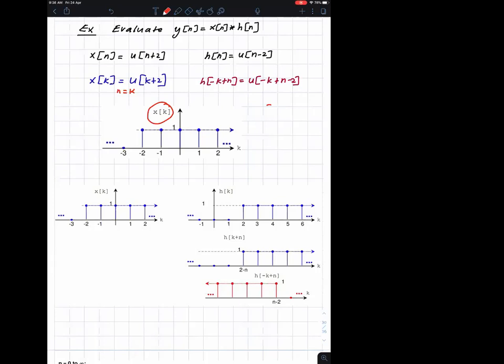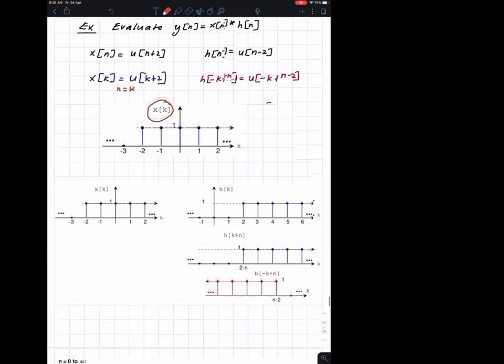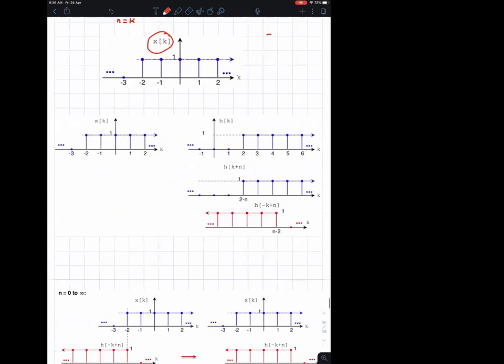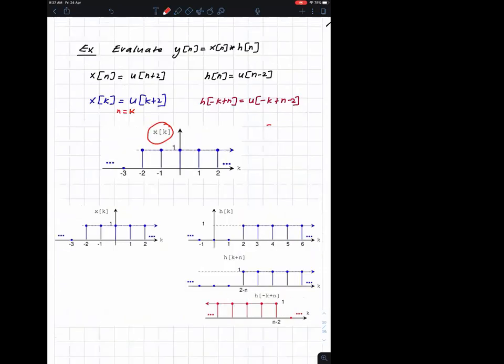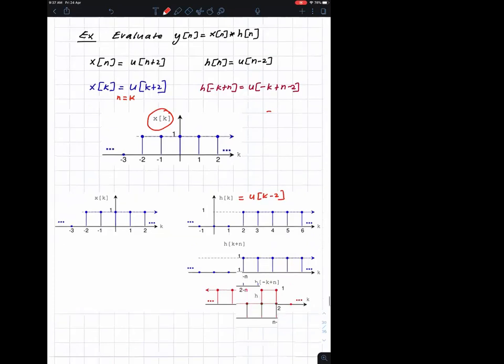Okay, and then you look at h of k, and then they show you step by step how to do it. h of k is u[k minus 2]. Okay, you can do it this way.